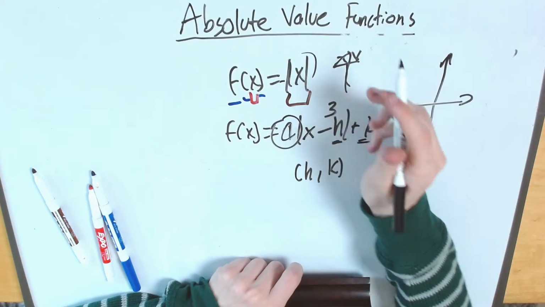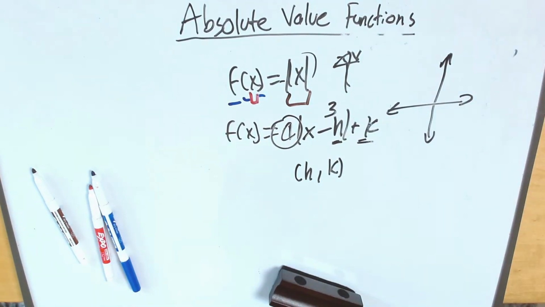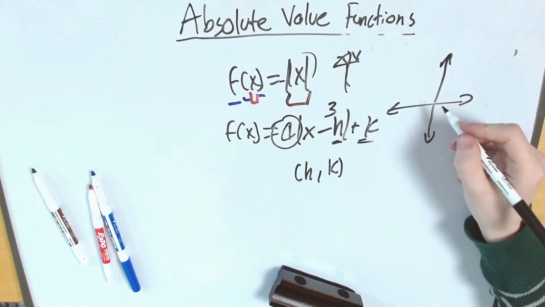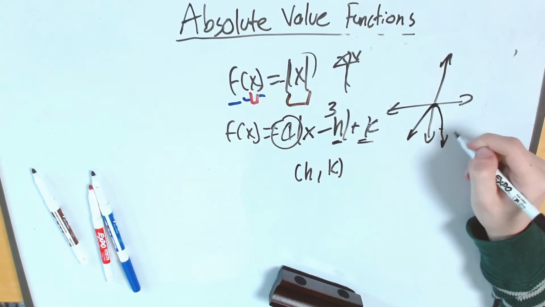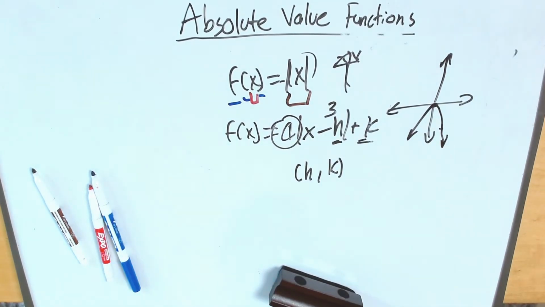Because absolute value of x outputs only positives, but this negative sign here makes sure all those positives turn straight to negatives. So I'd have something looking like this, where it's just 2 straight lines that go down forever.